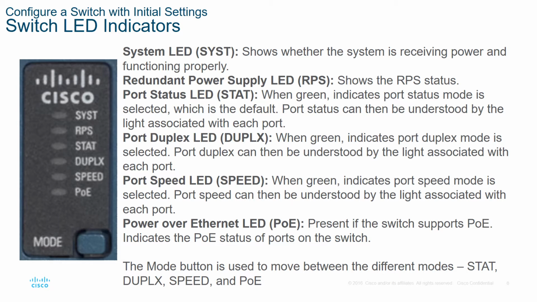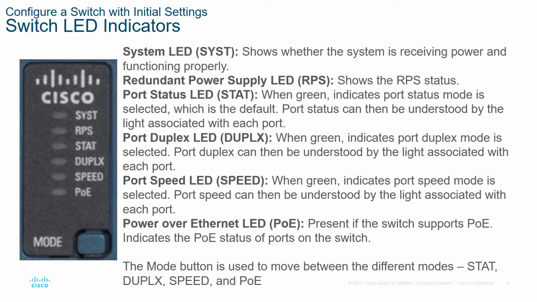RPS, the redundant power supply LED, shows the RPS status. So what is RPS status? Redundant power supply system. In Cisco, the RPS 2300 is a system which offers enhanced capabilities to manage power supply redundancy among the devices. The RPS system delivers power supply redundancy and resiliency for a variety of power requirements, including PoE.